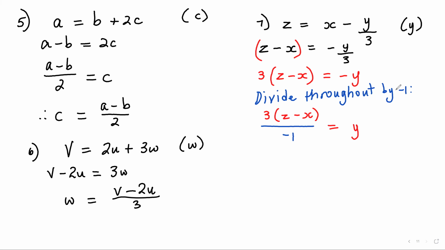And this would be your answer: 3 times c minus x over -1. And this can also be written as, well, let's write y here since we want y as the subject. y is equal to, now, if you divide this whole thing by -1, you'll end up with -3 times c minus x. And that would be your answer.